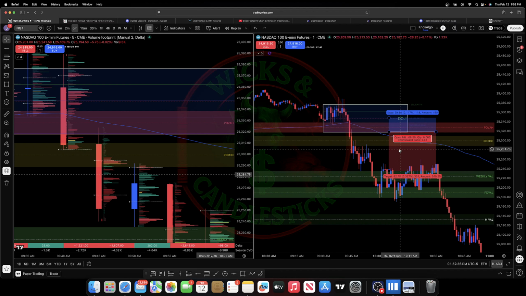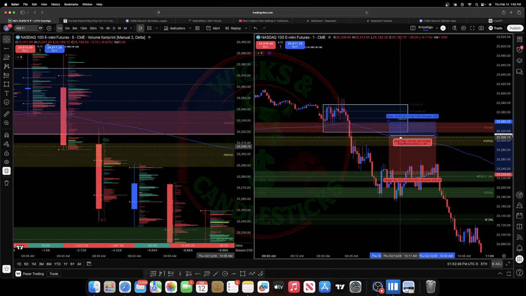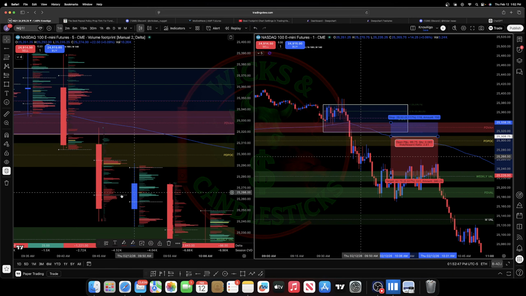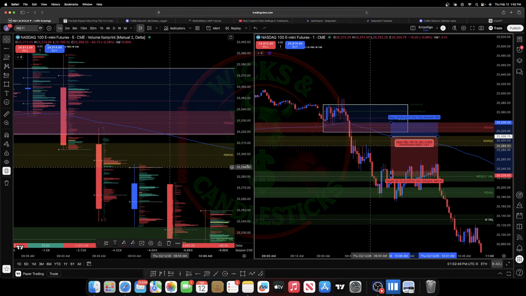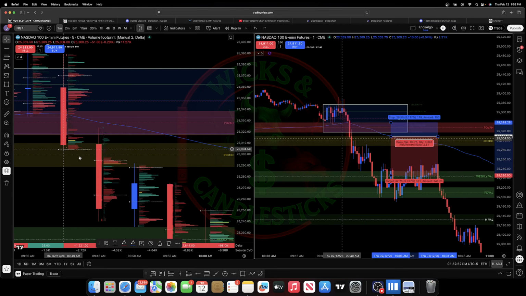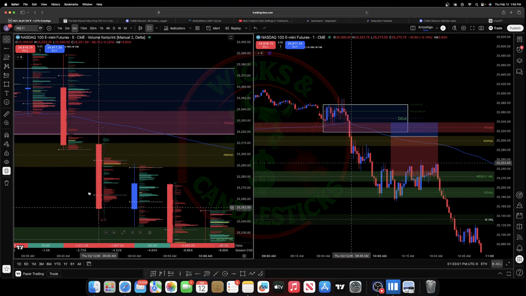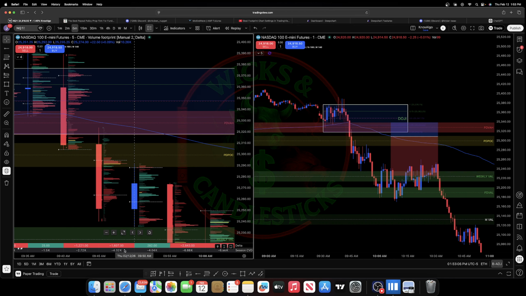When I got in this trade, I got in at the value area low today, because I saw the pressure. I'm looking at the data. I'm looking at the CVD. The sellers are throwing a lot of punches. I'm looking at the delta.